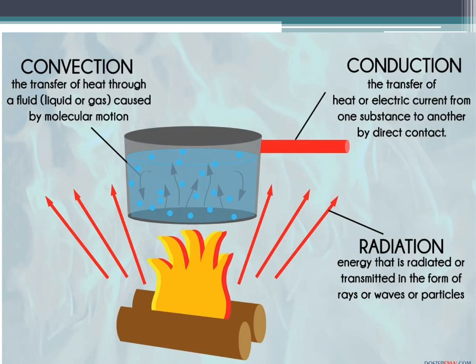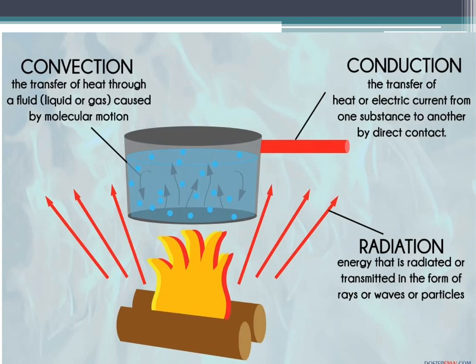This transfer makes some particles slow down and other particles speed up until all particles have the same average kinetic energy, which means they will have the same temperature. So this was conduction. Moving on to convection.